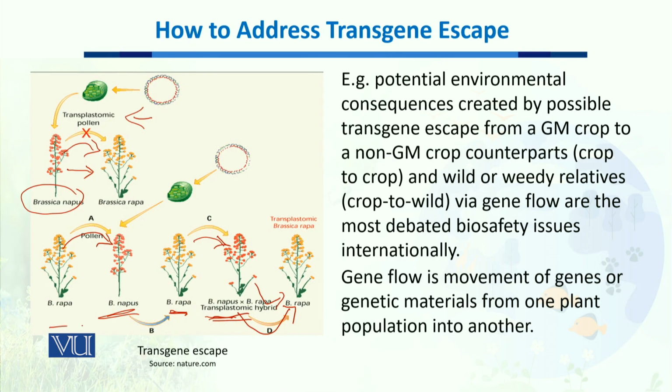But when we talk about this pathway, after certain modifications and transgene transfers and the synthesis of certain hybrids, those hybrids can ultimately transfer that transgene to the wild Brassica rapa, and that could be very serious, according to the environmentalists or the experts related to the biosafety of these plants.